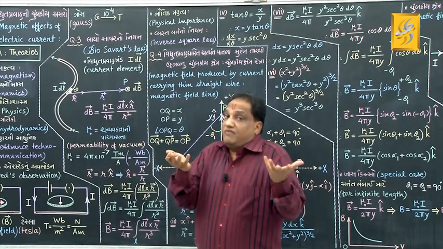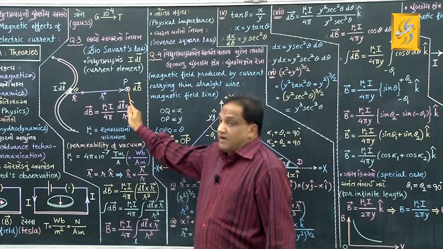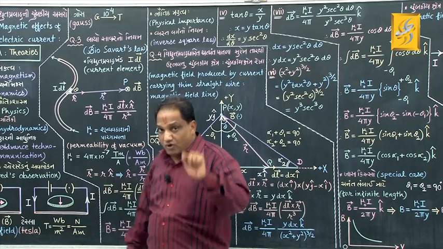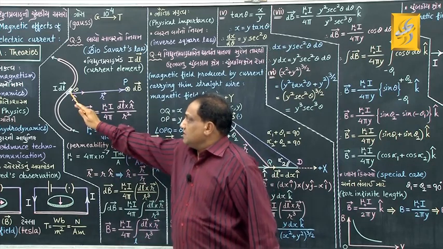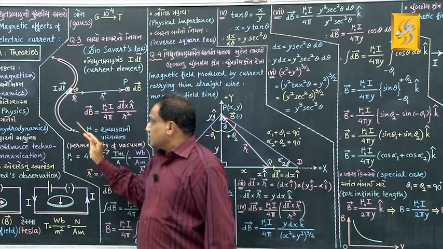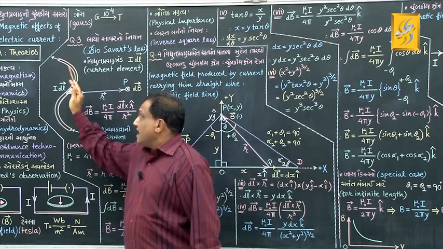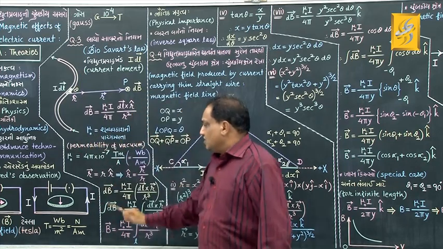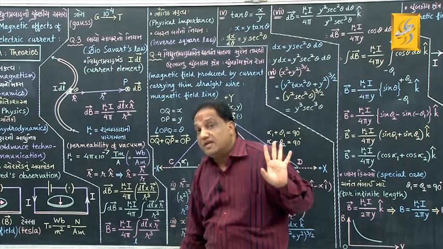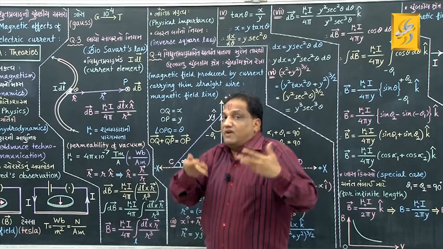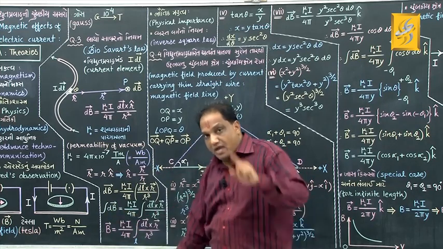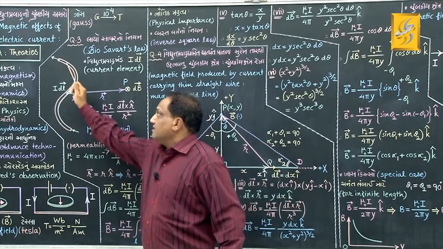But if we want the resultant magnetic field at point P due to this entire current carrying wire, then you should change the position of this current element from this end to this end continuously along the length of the wire, each time find the partial magnetic field, and then make their vector addition. That vector addition you can find mathematically by taking the line integration of vector dB along the length of this wire, correct?